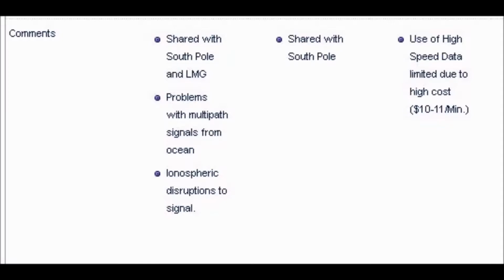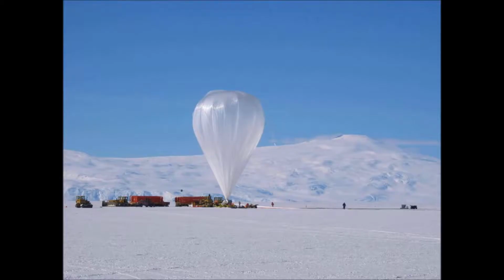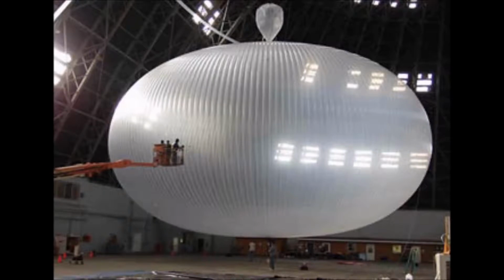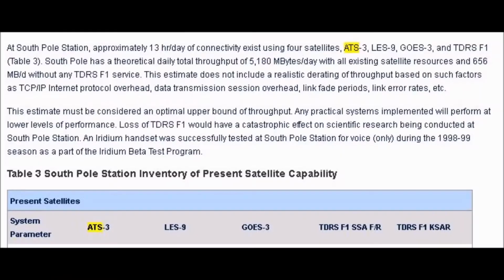Shared with South Pole and LMG, problems with multipath signals from the ocean, and ionospheric disruptions to signal. Yeah, to the balloon, I guess. You're talking about the balloons you launch all the time. That is horrible. At the South Pole Station, approximately 13 hours a day of connectivity exists using 4 satellites. The ATS-3 is one, blah, blah, blah.